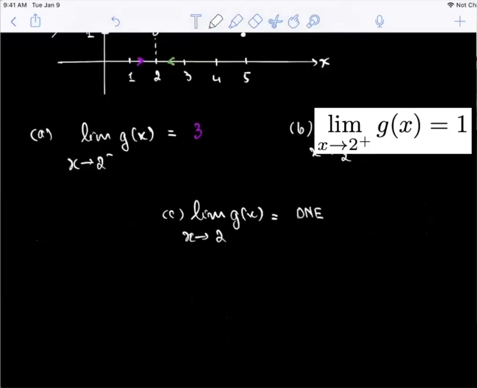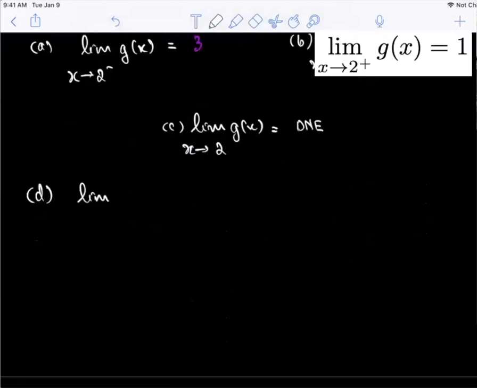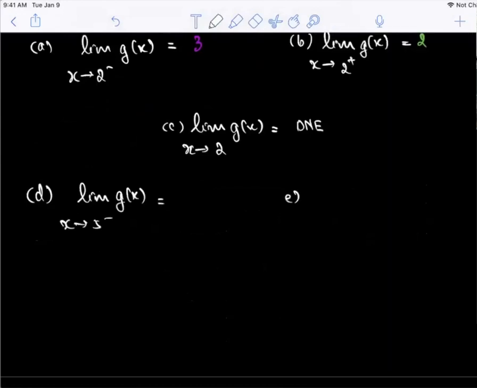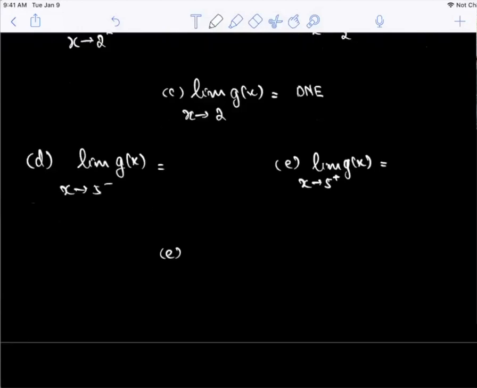Right. Similarly, I have a question like the limit of the function as x approaches 5 from the left, the limit of the function as x approaches 5 from the right, and what is the limit of the function as x approaches 5.